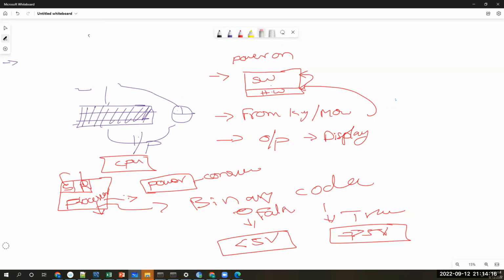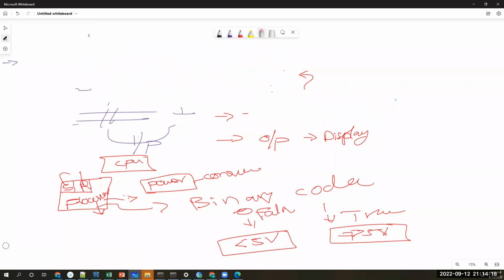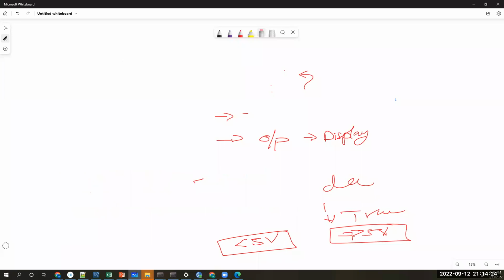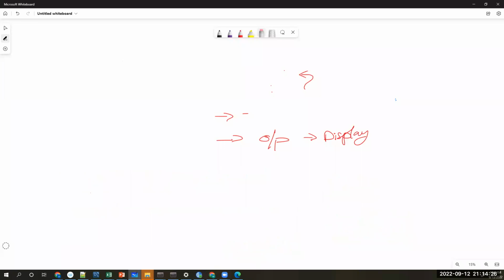I'll start from the very start once again. Why? Because this is very important. If you don't know how it happens and how you are able to see the result, how the system is understanding all those things, you're not able to put in your efforts 100%. In the binary language, the processor will understand.